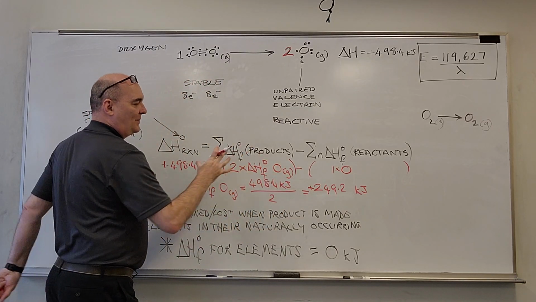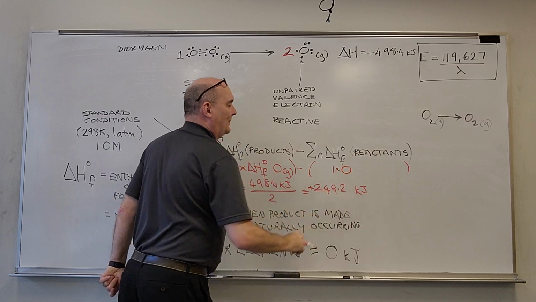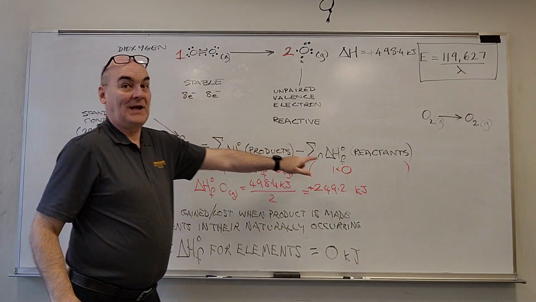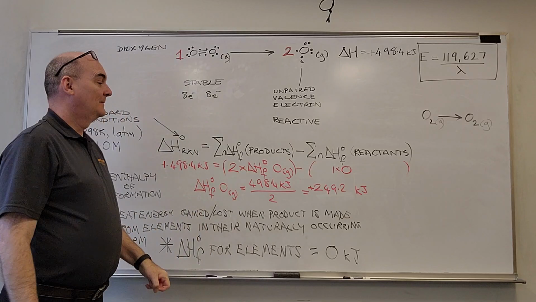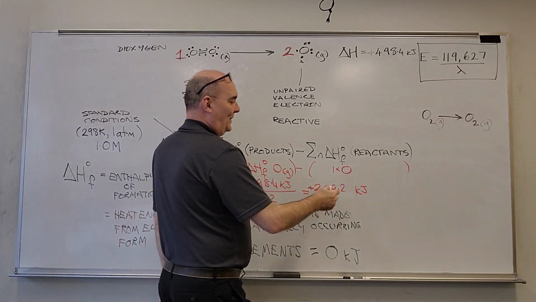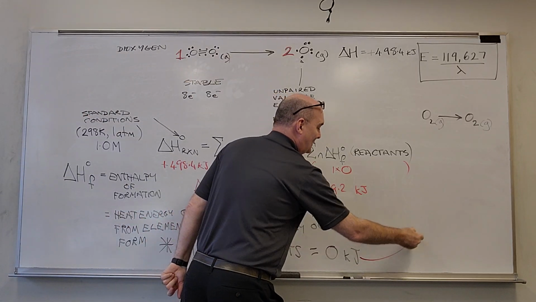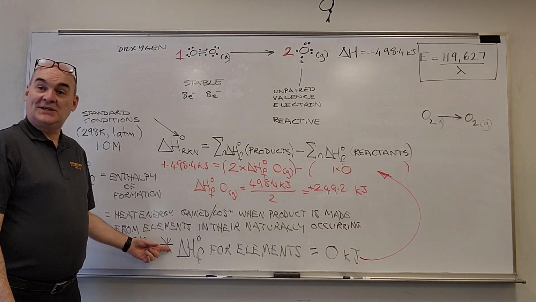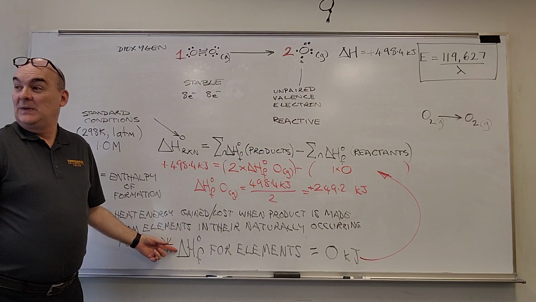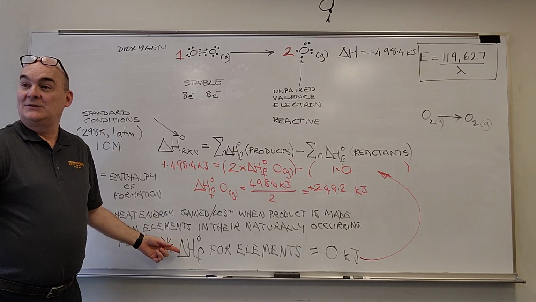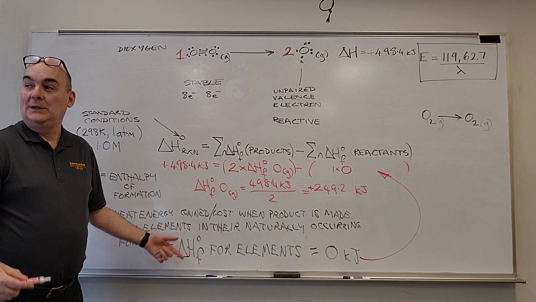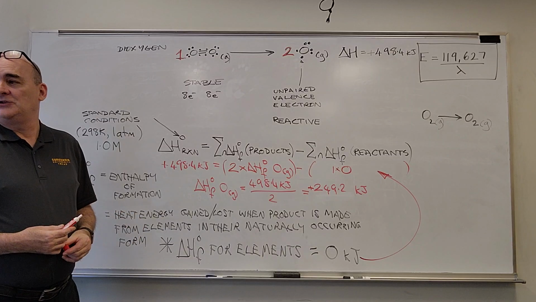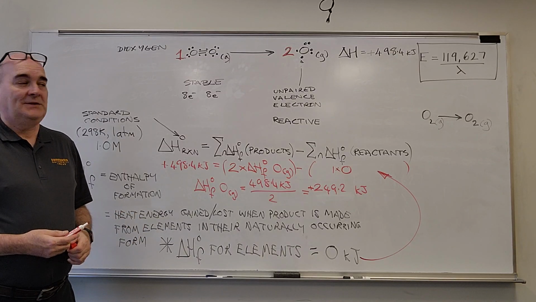Yeah, so this bracket belongs here, that bracket belongs there. There is one of these, so it's 1 times 0. And it's 0 because of this. Look at that. Oxygen already exists. It's not benefiting you, it's not detracting from you. It already exists. It costs us no energy to make. It benefits us no energy being released.